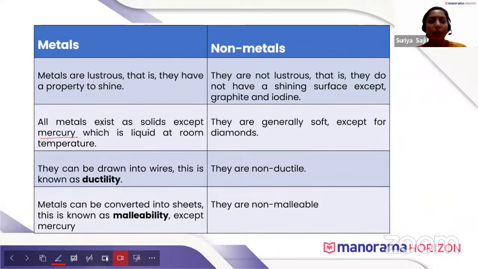Metals can be drawn into thin wires, and this property is known as ductility. So metals are ductile. In the same way, non-metals are non-ductile. Then metals can be converted into sheets. This property is known as malleability. Non-metals are non-malleable in nature.